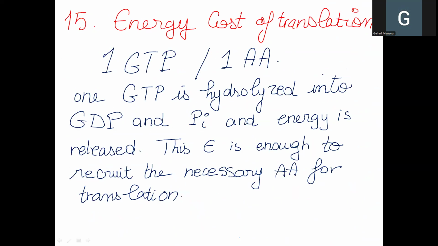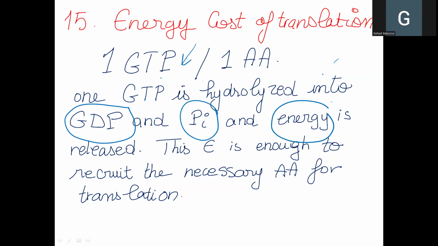Now we will talk about the energy cost of translation. Every time you are adding a new amino acid, you are consuming a molecule of energy, which is guanosine triphosphate. So one guanosine triphosphate is hydrolyzed into, as usual, like in ATP, guanosine diphosphate, inorganic phosphate, and energy is released.